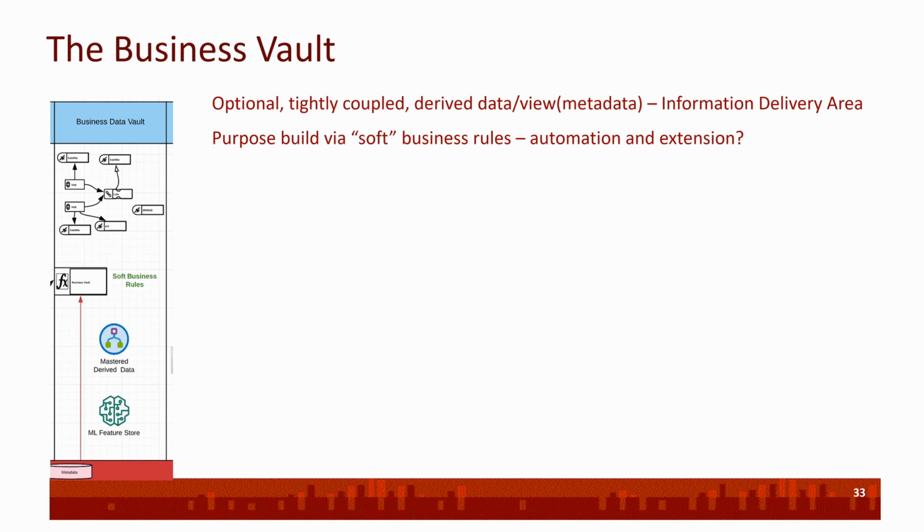It's purpose built, and it's driven by soft business rules. This is where your business gets a chance to say, I want to add these things up, and I want to take this one and divide it by this and create a key process indicator to determine whether or not I'm getting better or worse in optimizing my processes.